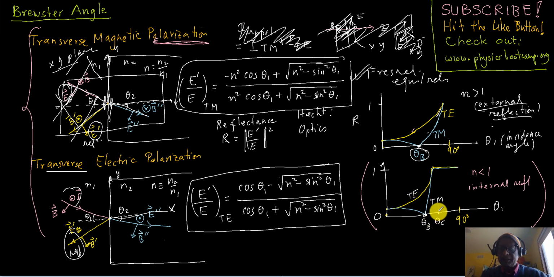And at the critical angle like this, you can see that if this is going to be less than 1 and this is less than 1, but at some point this will become imaginary, right? So whenever sine theta equals n, beyond that it will become imaginary, and in that case what you have is this critical angle.